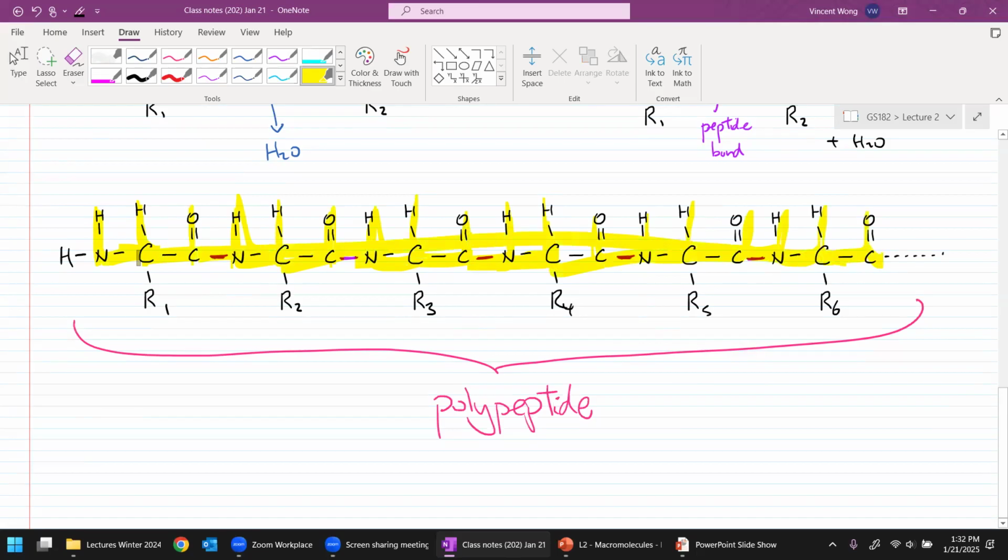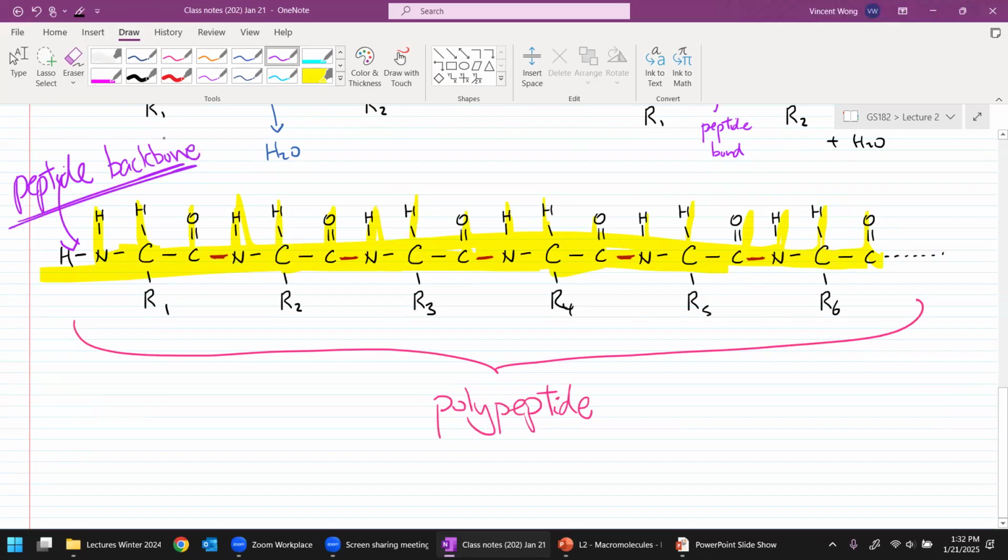So this part that's repeating, this part that is not changing, we call the peptide backbone. We'll come back to this after the break. What changes would be the side chain. Remember the side chain is different for each one of them, right?